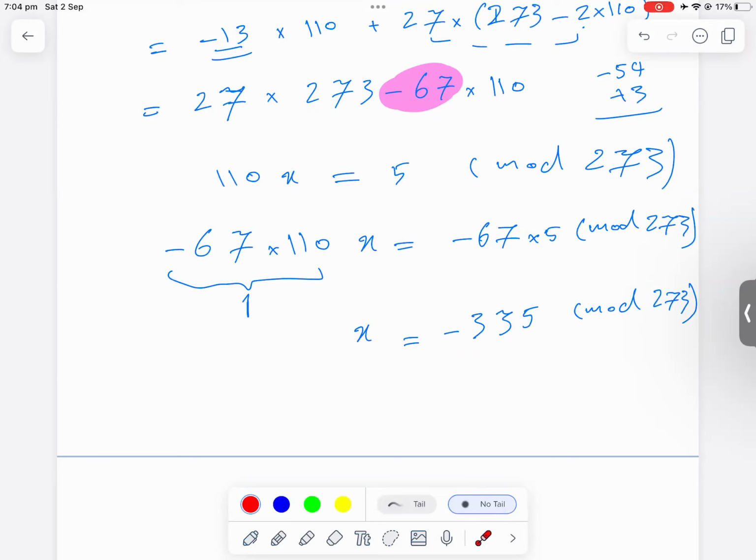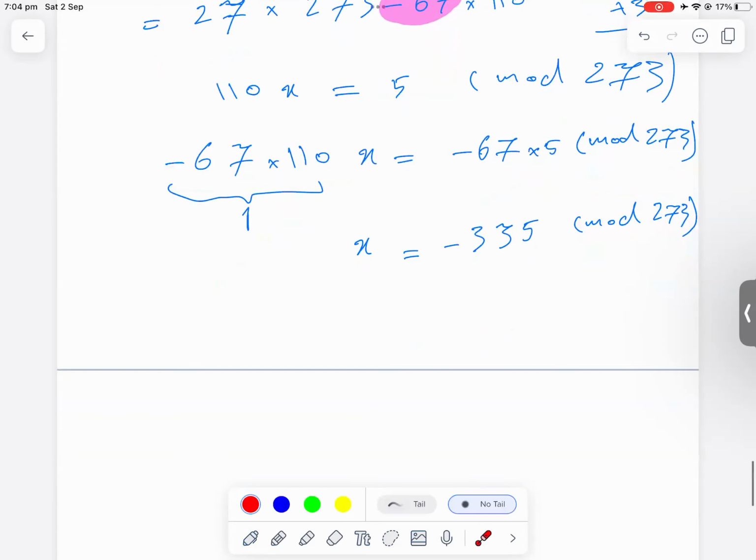We should better have a positive integer here. So I can write this as minus 335 plus something equal to, minus 2 times 273. So this will be 614 minus 546.